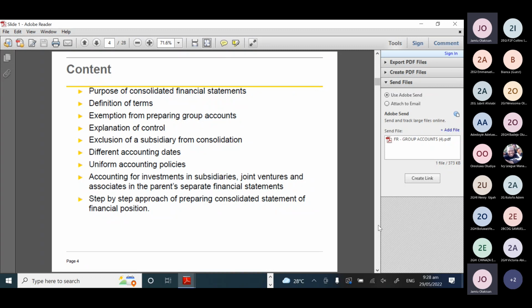Then we looked at the explanation of control, which happens to be one of the terms that we defined. Thereafter, we looked at exclusion of a subsidiary from consolidation, meaning under what circumstances can a subsidiary be excluded from consolidation.